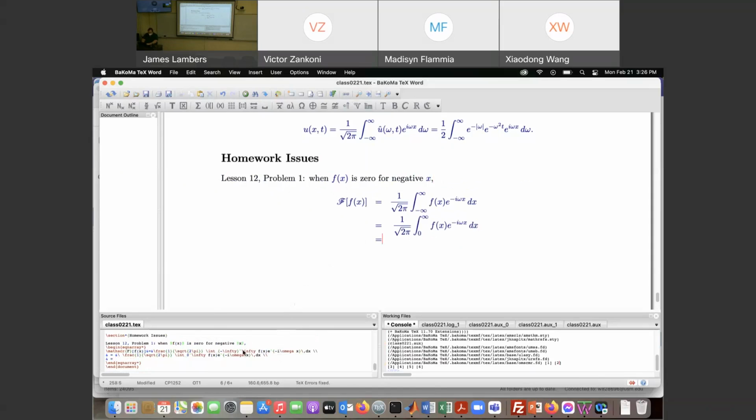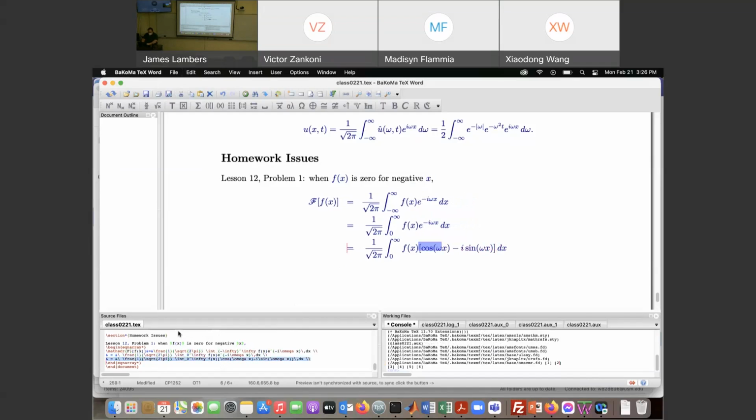So now I will express the exponential in terms of the sine and cosine, and then I will break this up into two integrals.